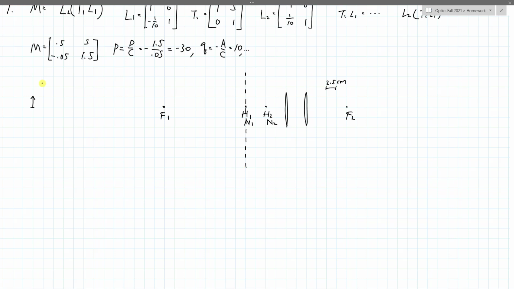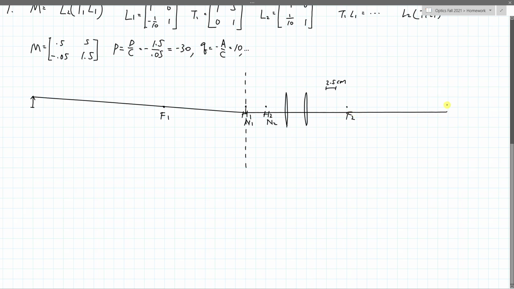It's here. It's here and it becomes horizontal. Okay, good enough. And then the second ray is horizontal and it hits the second principal plane and becomes focused. So the second line is just this grid line because that is where I drew the object.